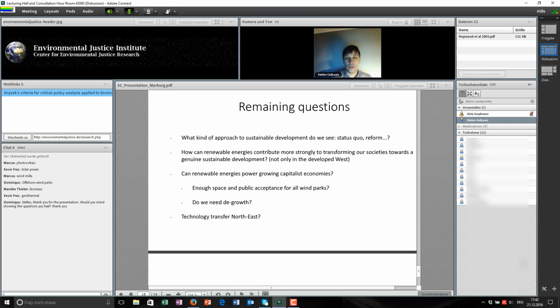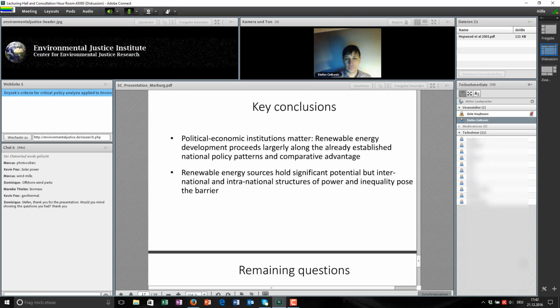So this is one of the things I mentioned, I guess, on the previous slide. It is international, but also international structures of power and inequality. You see this in liberal market economies like the UK, but also the United States, where there is a policy narrative basically saying, well, the problem is not that big.